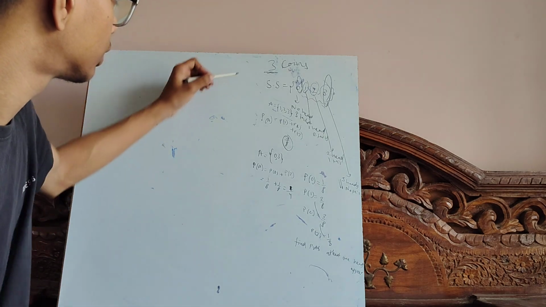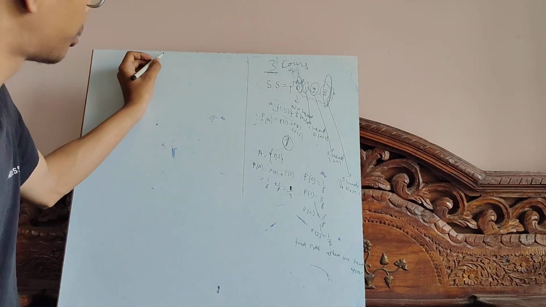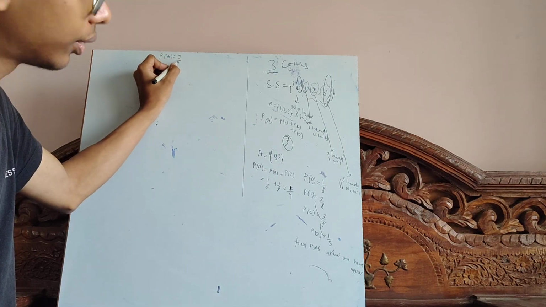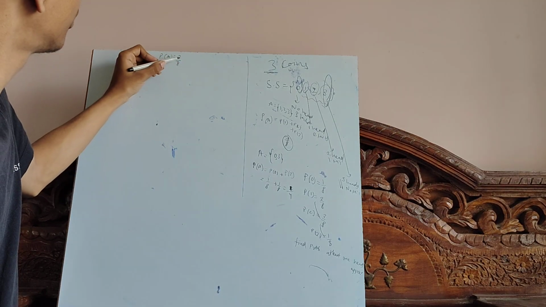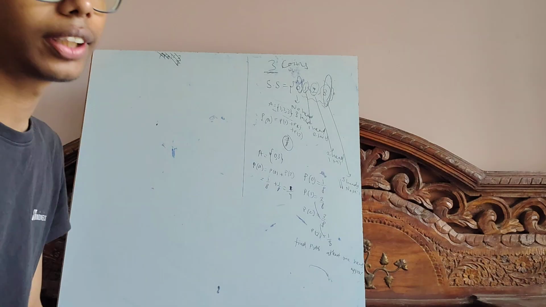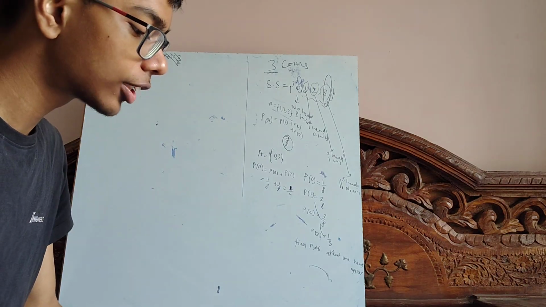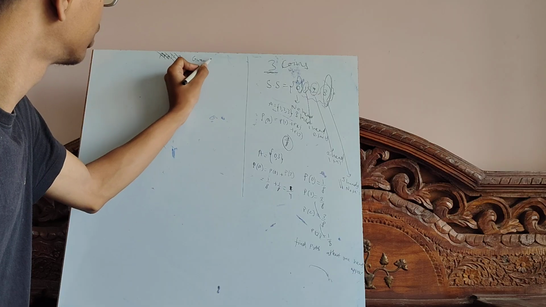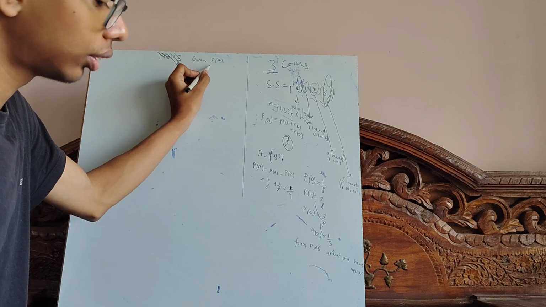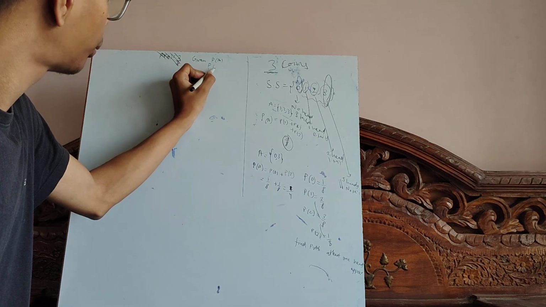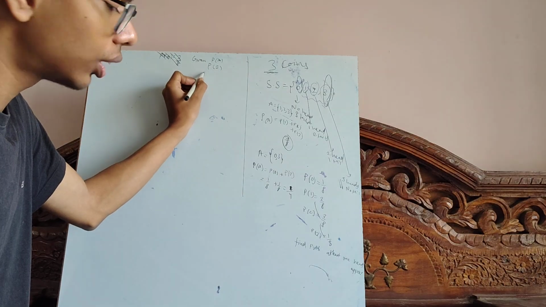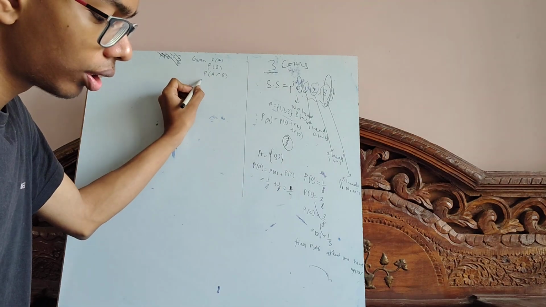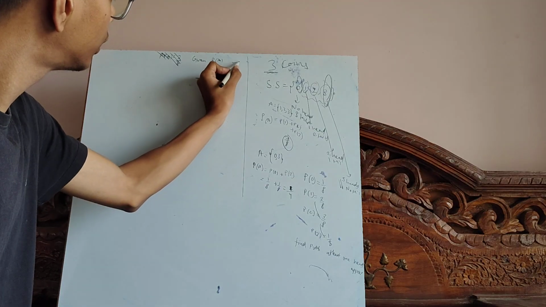Now I have another question. Suppose I am given probability of A as 3 by 8, or I am simply explaining, because it will take a lot of time, so I am only explaining how to solve a question. Suppose I have given probability of A, मुझे दिया गया है probability of B, मुझे दिया गया है probability of A intersection B. Right, ये 3 चीजें मुझे दी हुई है.